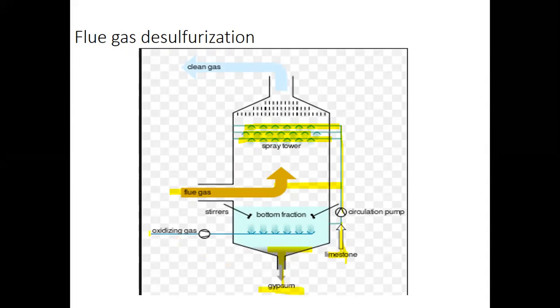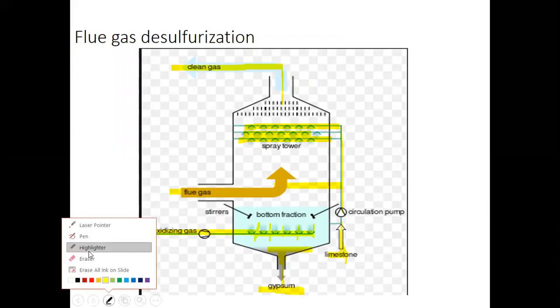Here, if we want, we can release some gases to carry out the oxidization process for the bottom liquid. And there are some stirrers also, here you can see. Then at the top we can get clean gas.